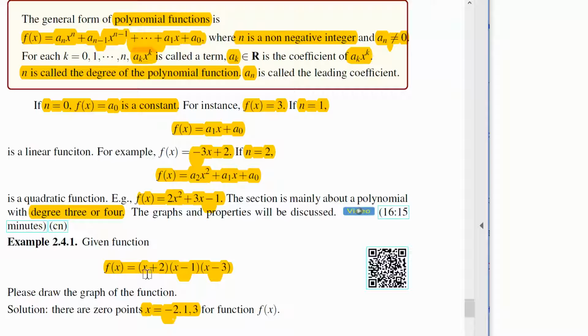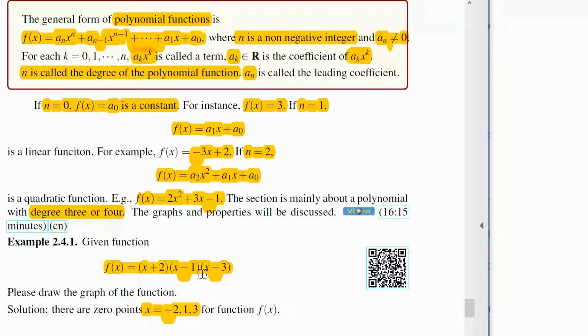You plug in -2 here, so the first factor will be 0, because -2 plus 2 is 0. The other two are not 0, but 0 times a nonzero number, you always get 0. So please be careful. From x plus 2, you get the 0 point -2.